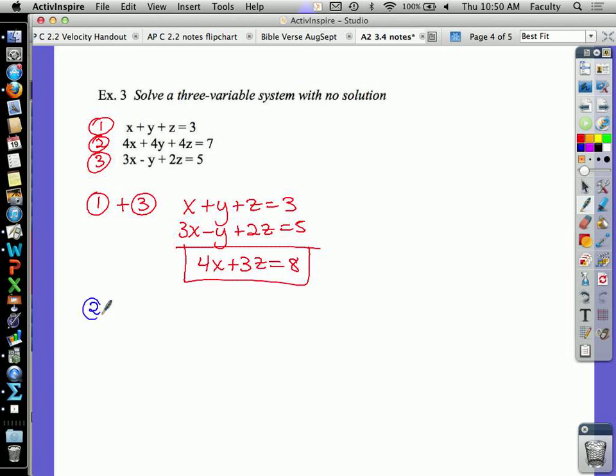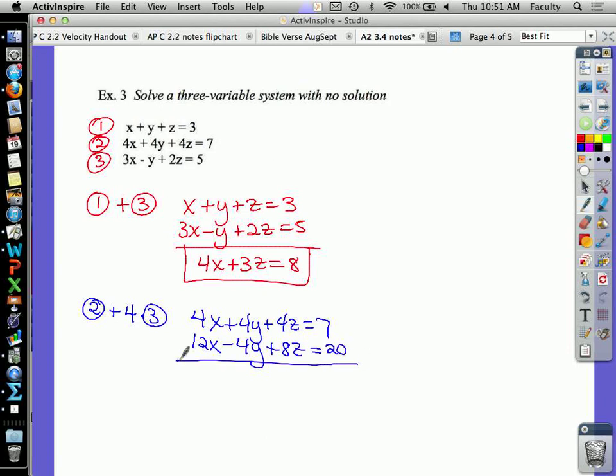Then I'm going to take the second equation plus 4 times the third equation, and then that'll get rid of y for me. So the second equation is 4x plus 4y plus 4z equals 7. And then I'm going to multiply the third equation by 4. So that creates 12x minus 4y plus 8z equals 20. Add those together.